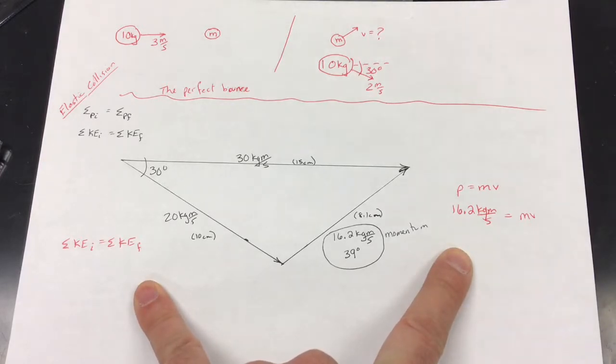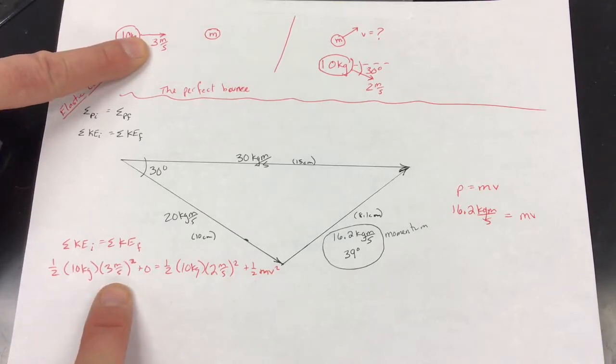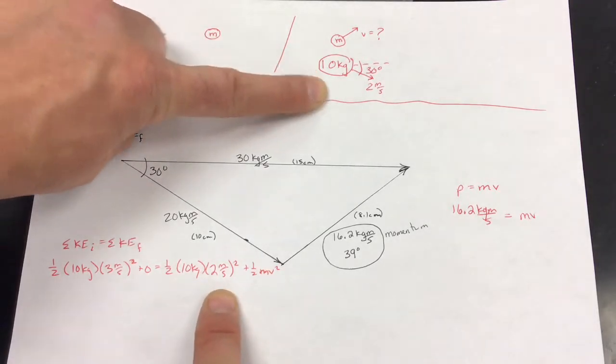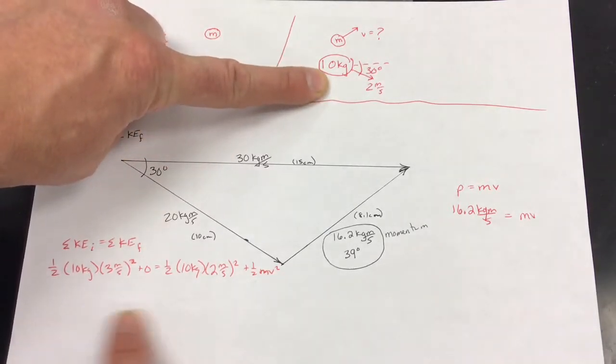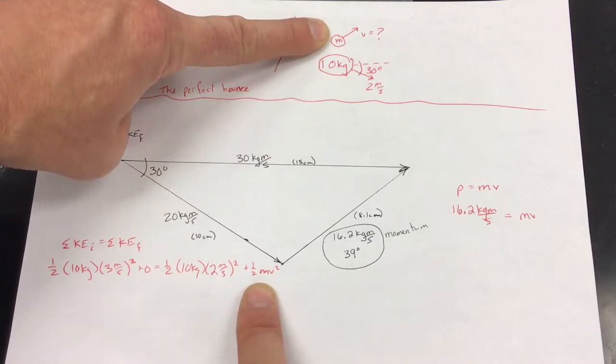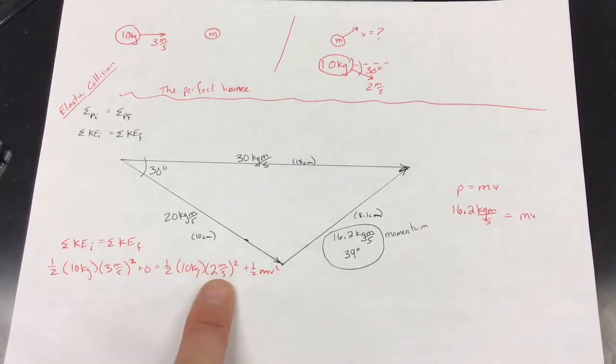So 1/2 times the 10 kilograms times 3 meters per second squared, plus none, is equal to 1/2 times the mass times the speed squared. This is a non-vector equation, a scalar equation, 1/2 mv squared. You see the m and the v, two equations, two unknowns.